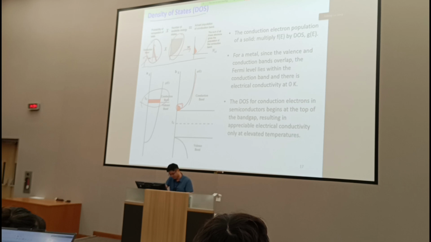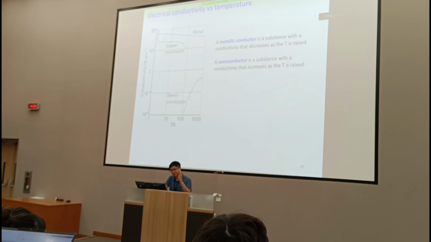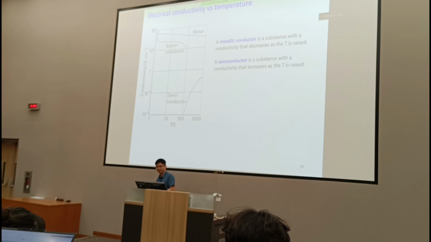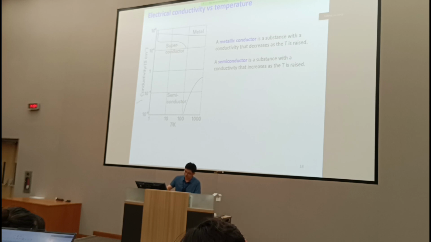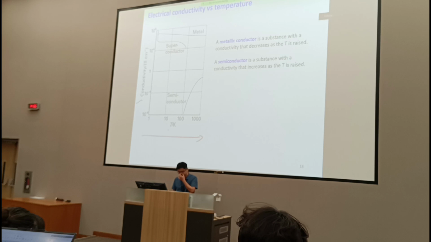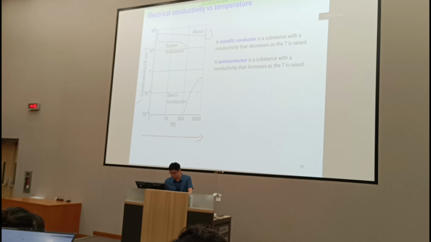So that's how you differentiate a metal from a semiconductor. A conventional way is to monitor the conductivity as a function of temperature. You see the metals here, and this is the semiconductor.